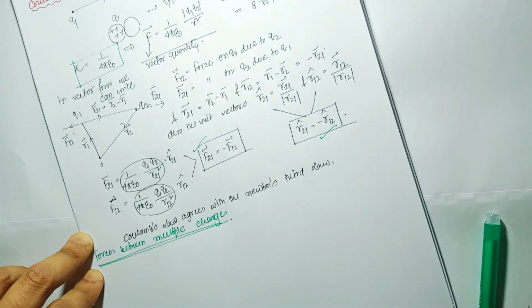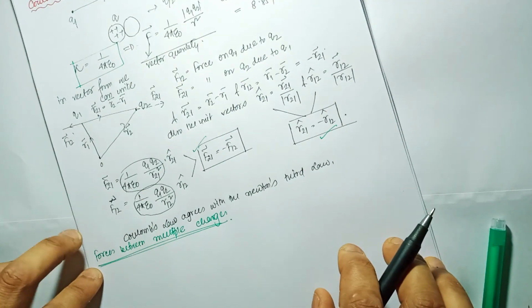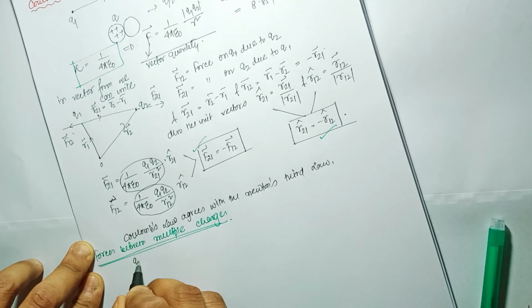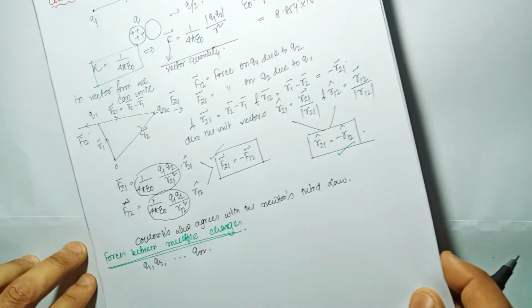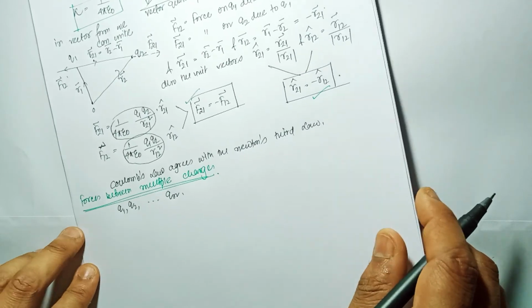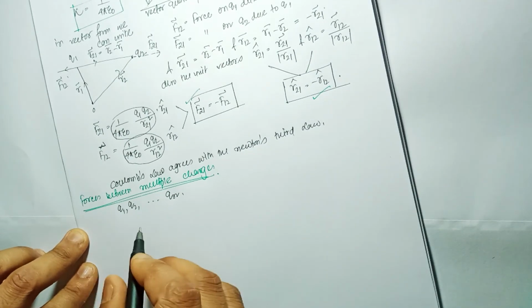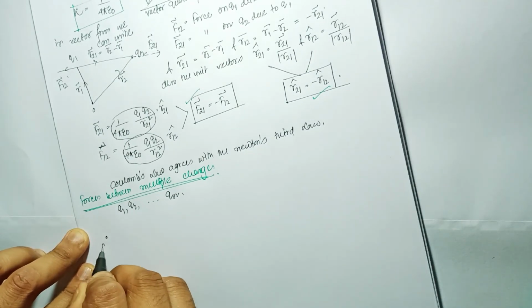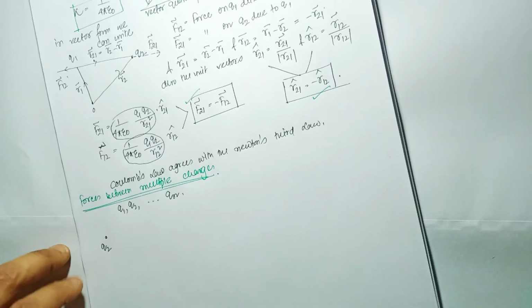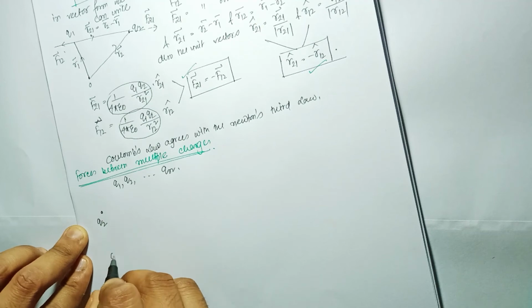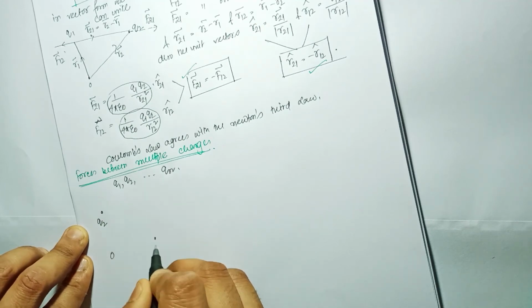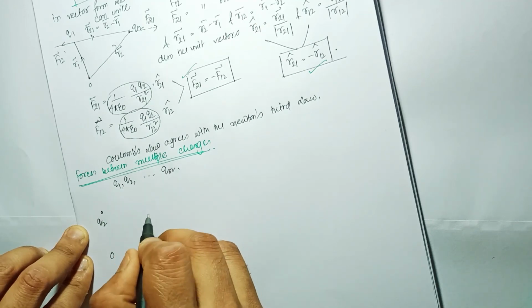So we are considering here a system of n stationary charges like Q1, Q2 up to Qn, just distributed in space. Just follow this figure. This is the Q2 charge. This is the origin. This is Q3 charge. This is Q1 charge.